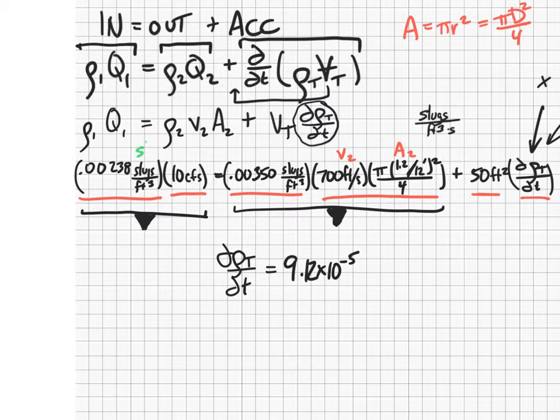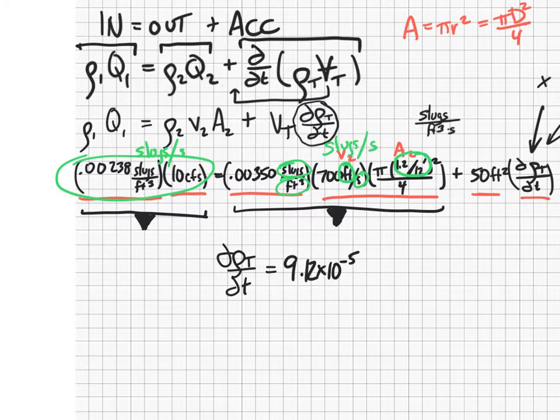This is slugs per second. Every second, whatever this number is, that's how many slugs are entering this thing. Over here, we've got slugs per foot cubed. The foot cubed are taking care of this foot and these foot squared, and I'm left with slugs per second. Same.